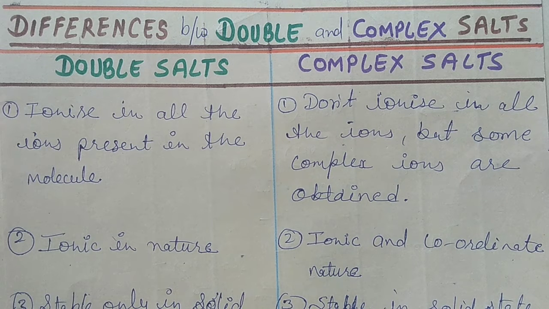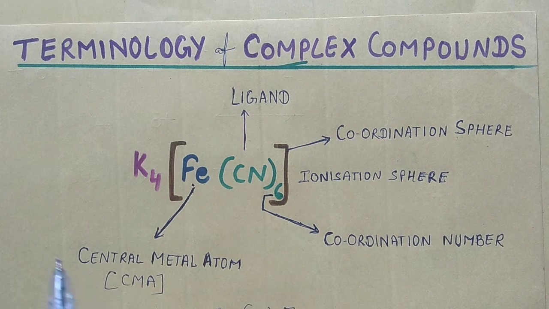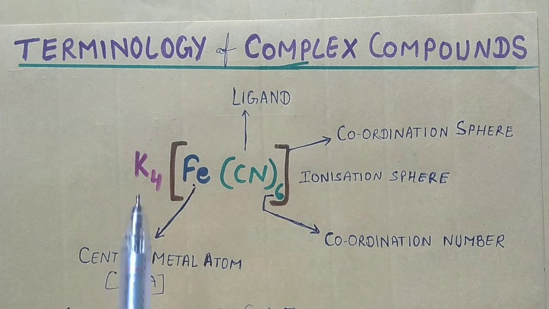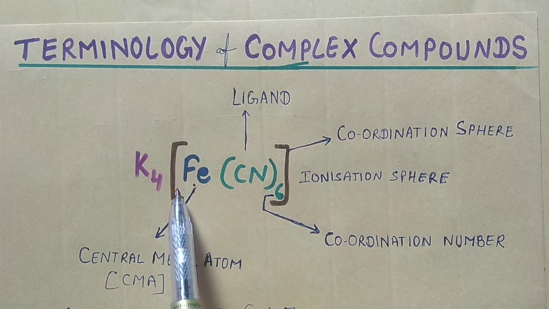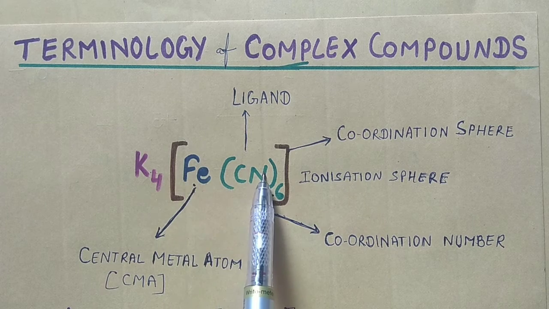Now we will see the terminology of complex compounds. It is a very important part of the chapter, because without this terminology we can't understand anything in this chapter. We have seen in many salts and examples that something is out of the bracket and something is in the bracket.